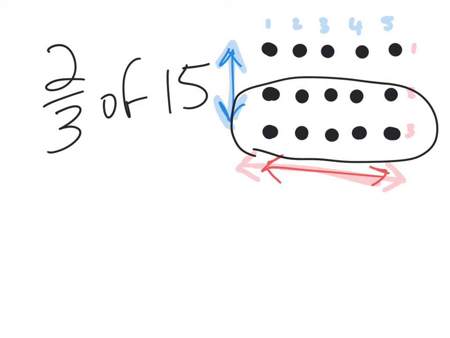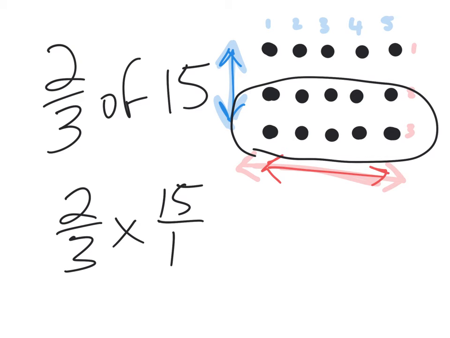Okay, now let's use the algorithm. Let's just say that I'm not really sure if I understand the picture just yet. Remember, your algorithm could always save you. In my opinion, you can always fall back on your algorithm. So if you know that the problem is 2/3 of 15, then you're going to set up 2/3 instead of "of," multiply. We're going to write 15 over 1. We still want it to be 15.